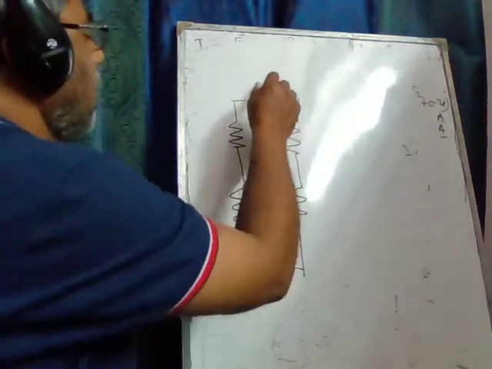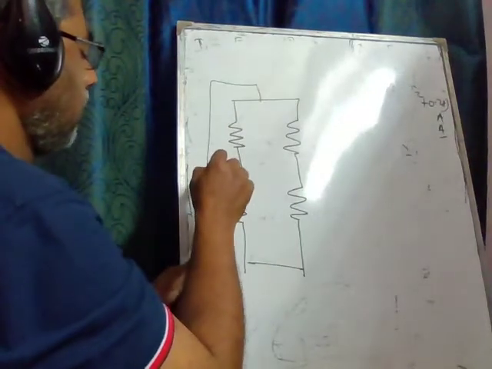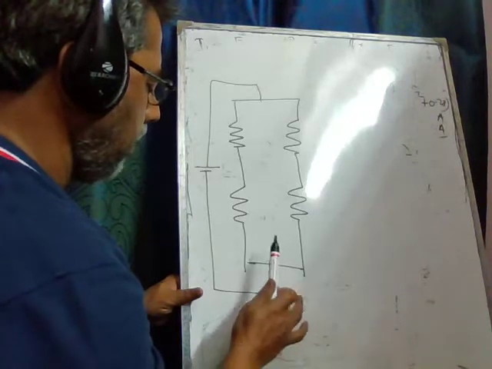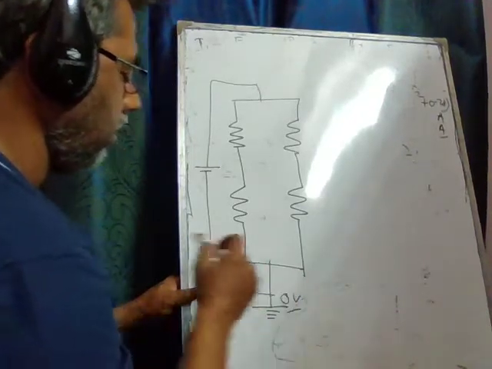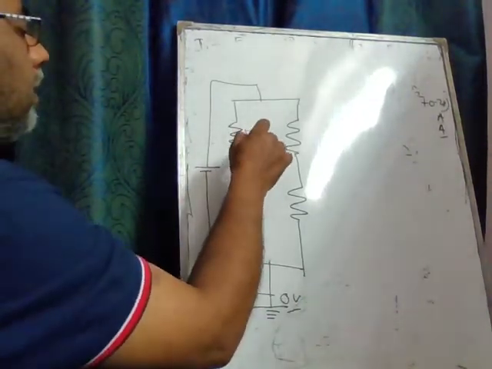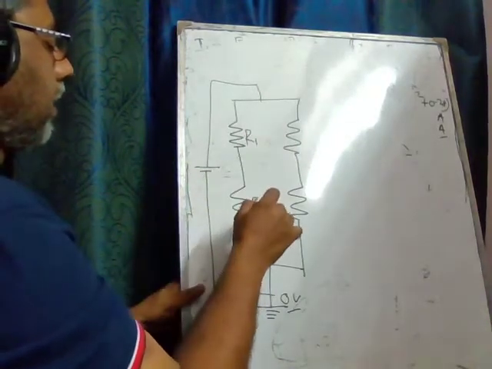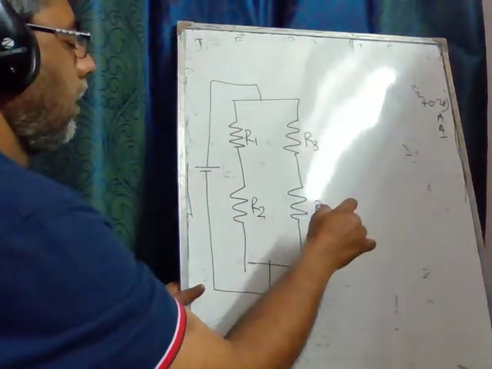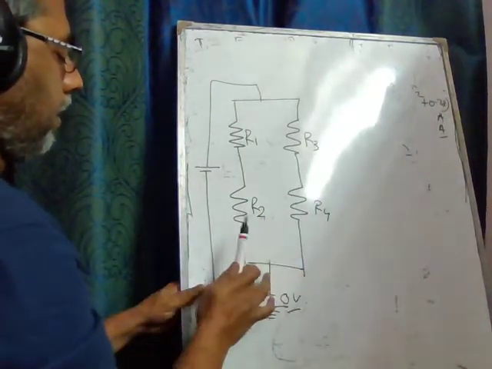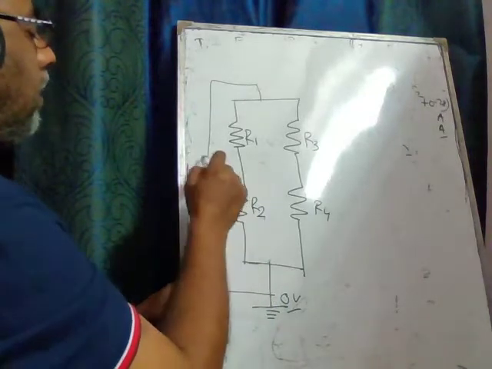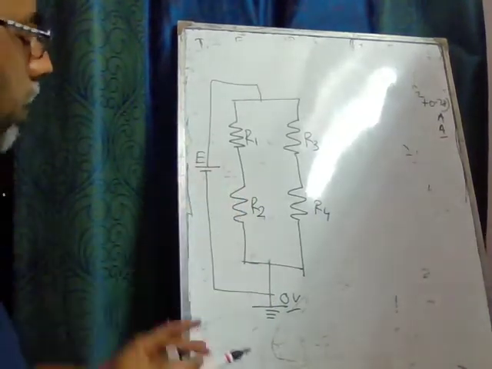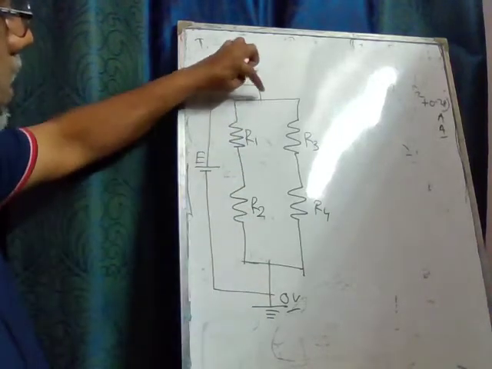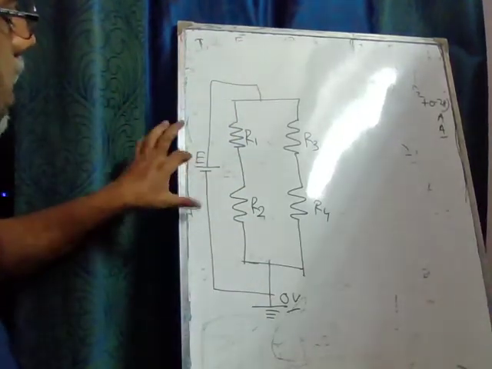We take the negative terminal of the EMF to be grounded, or 0 volt. This one is R1, this R2, R3, R4. The EMF of the battery is E. So what is the voltage at this point? Potential of this point is 0. Potential of this point is the potential of the positive terminal of the battery.